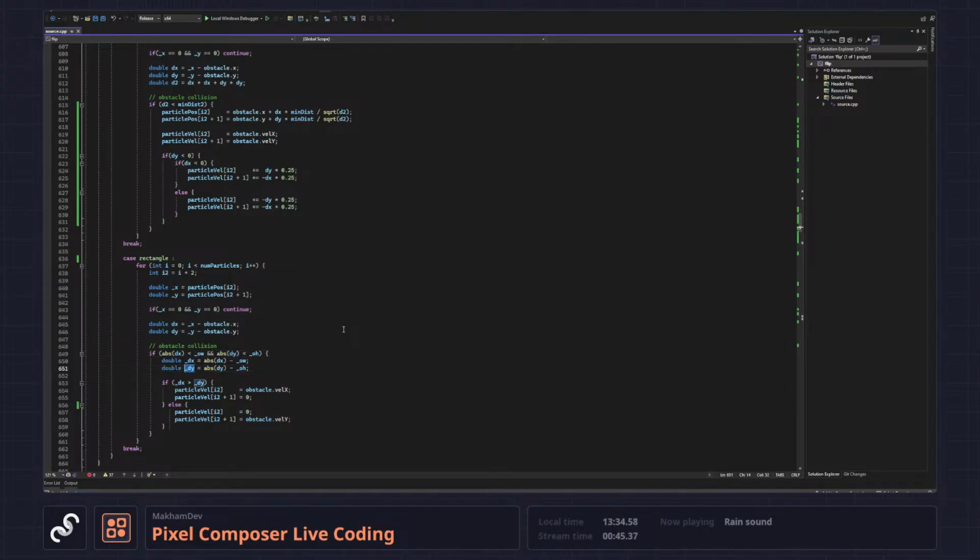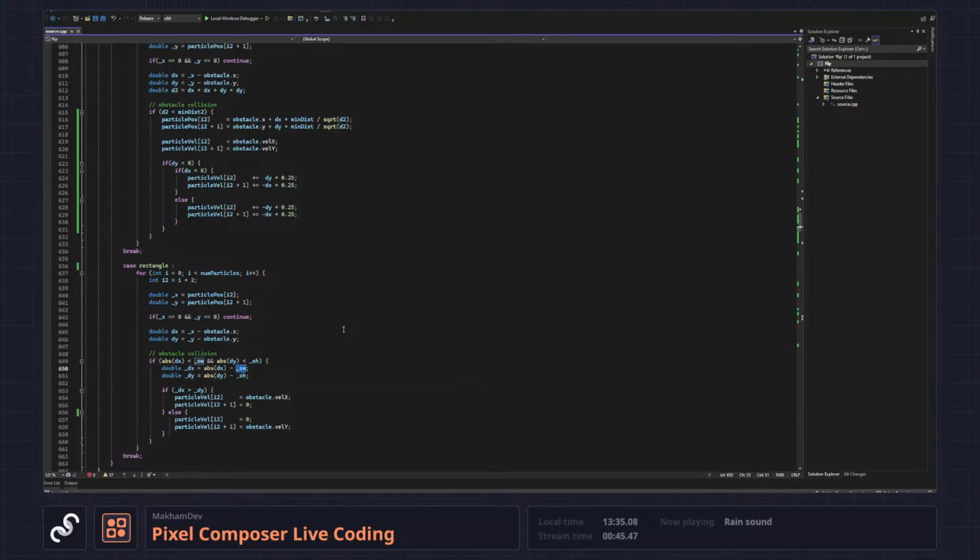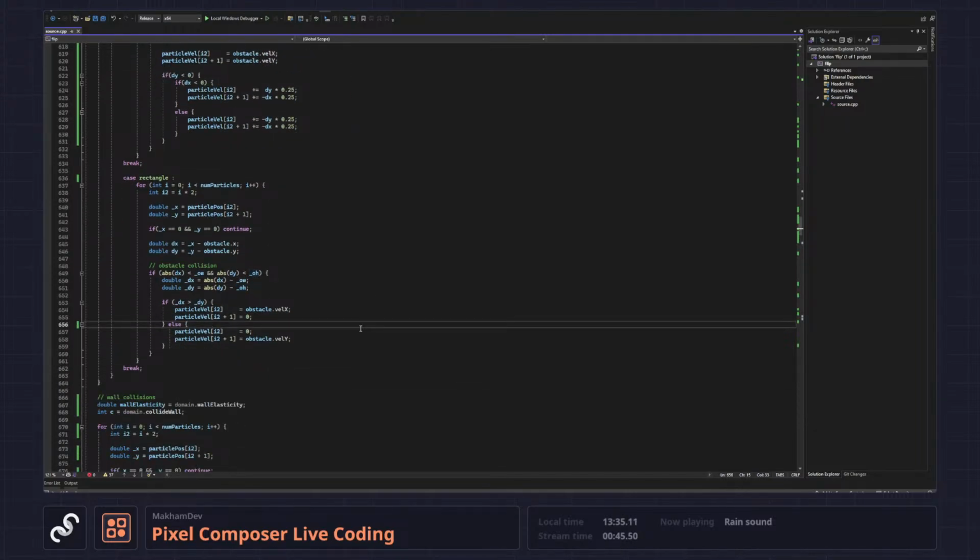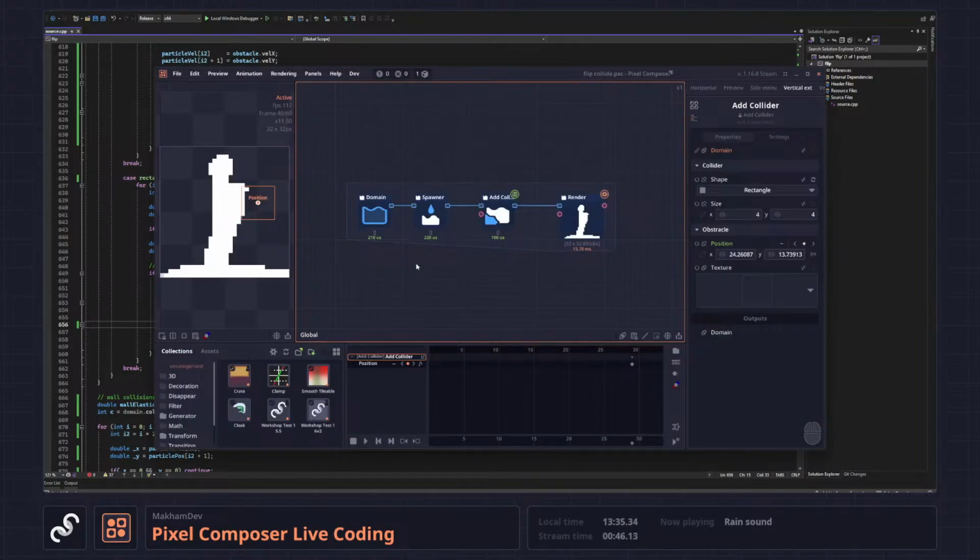Calculate dx, dy. If the absolute dx minus ow is higher than absolute dy minus oh, we just set it in one axis. Wait, what is this? I'm not sure what I'm doing now.